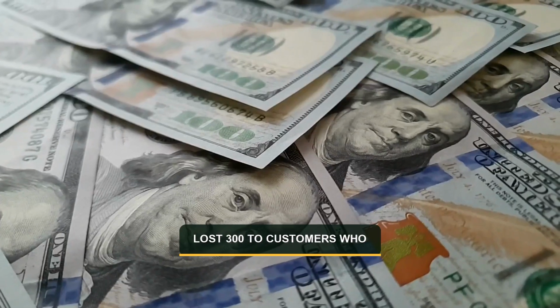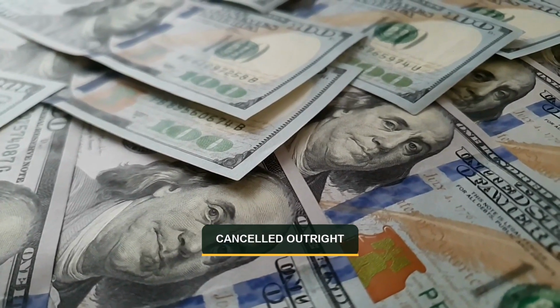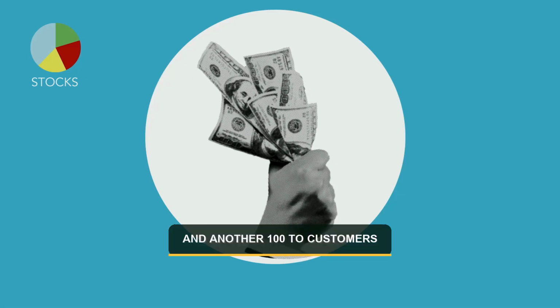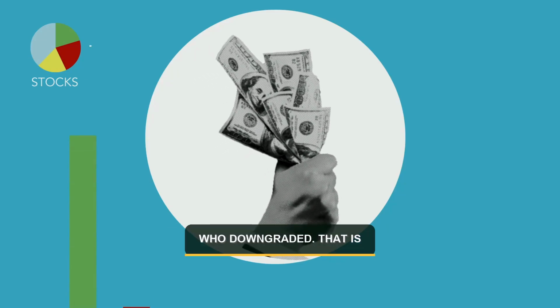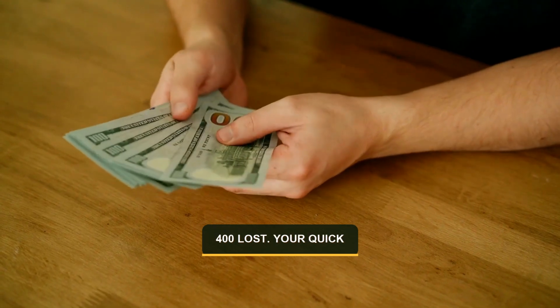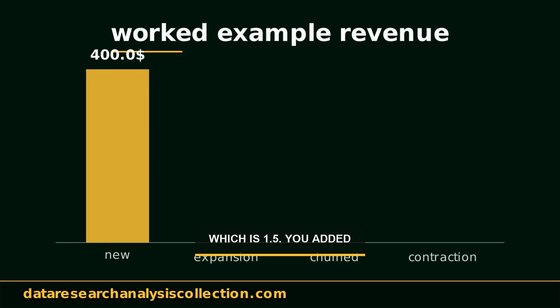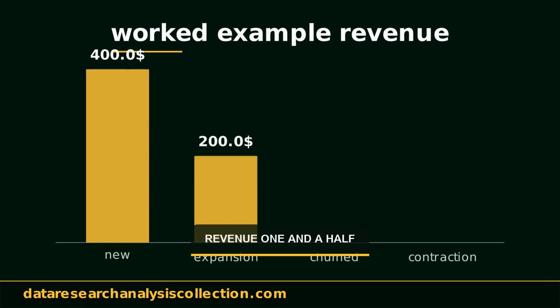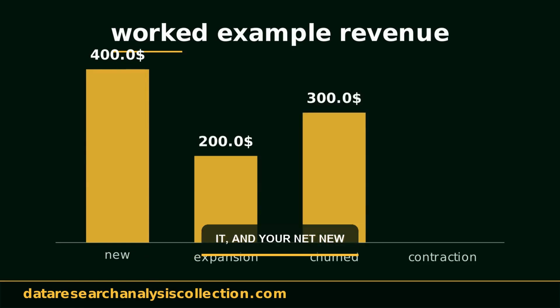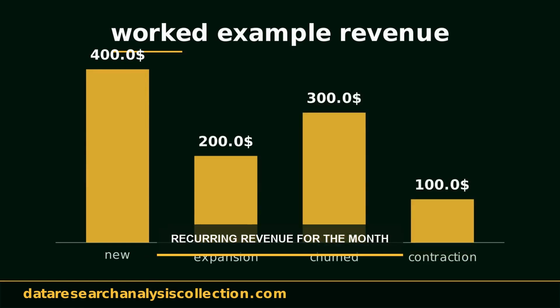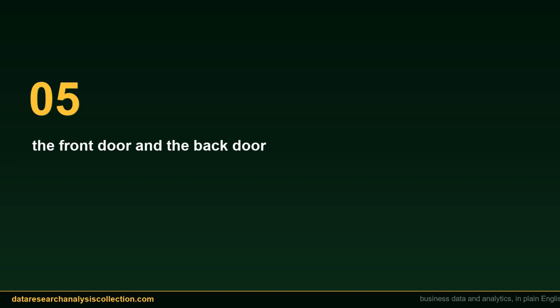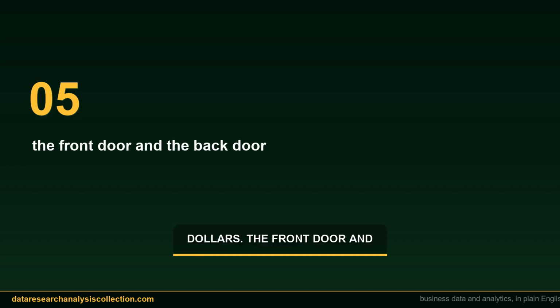In the same month, you lost $300 to customers who cancelled outright and another $100 to customers who downgraded. That is $400 lost. Your quick ratio is 600 divided by 400, which is 1.5. You added revenue 1.5 times faster than you shed it, and your net new recurring revenue for the month was $200.